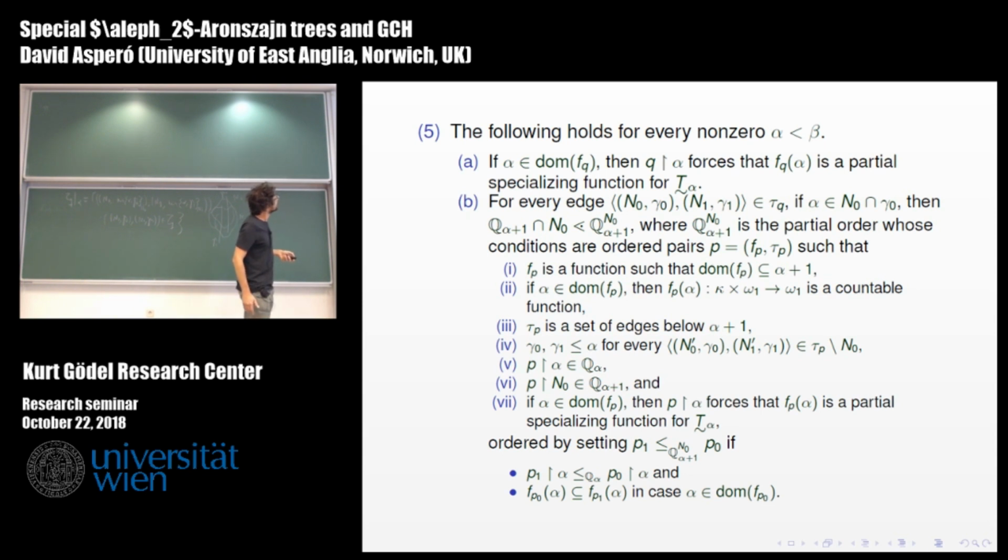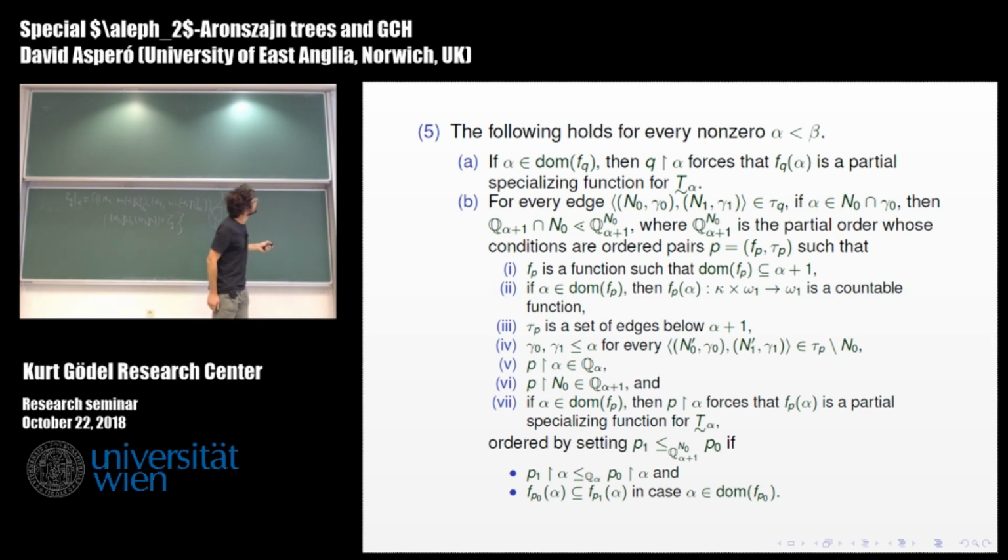So, the following holds for every non-zero alpha less than beta. The first thing is what you would naturally expect. If alpha is in the domain of f, then q restricted to alpha forces that f q of alpha is a partial specializing function for T alpha, of course.